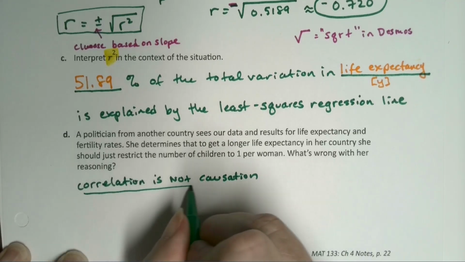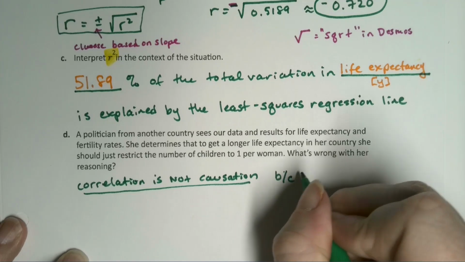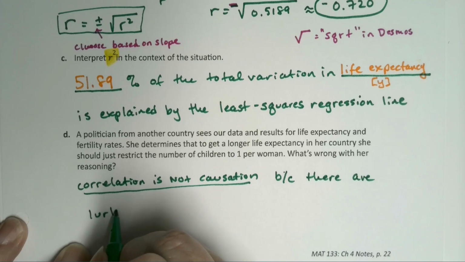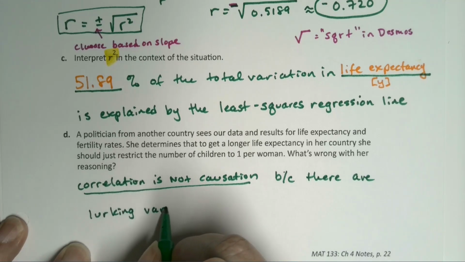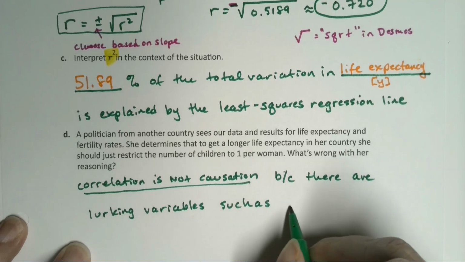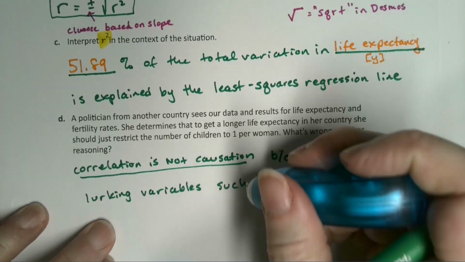Now, why is that? That's because there are lurking variables such as, and then we'll figure out a few in a second. Sorry, such as is not one word, so let me make that separate.